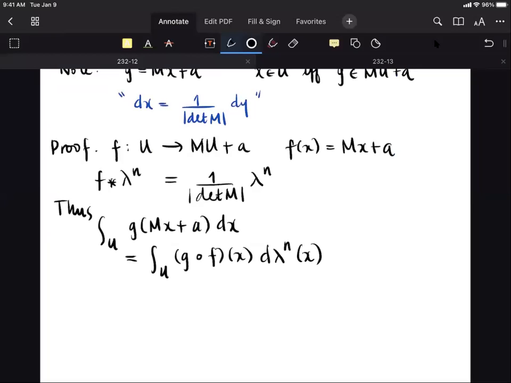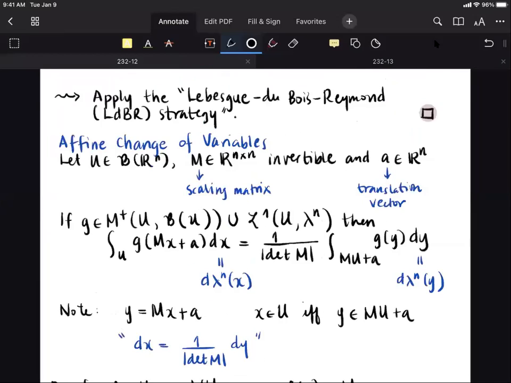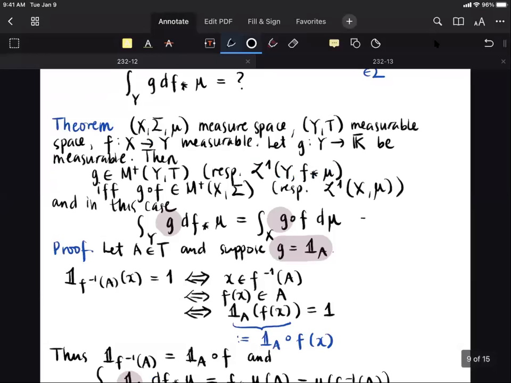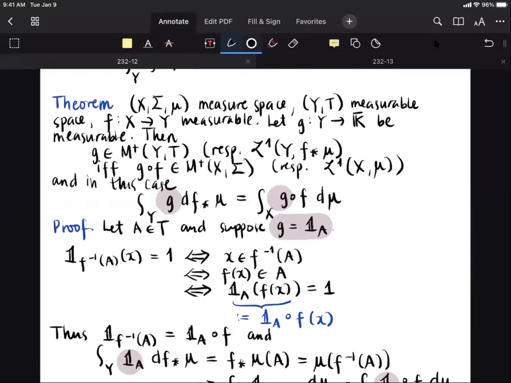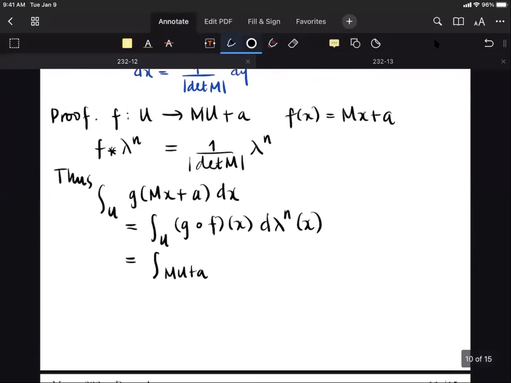And since f maps from U to MU plus A, we have MU plus A. And according to this previous theorem, we're going backwards. We have the integral over this set of g, now using the variable y, of the image measure, lambda n y.